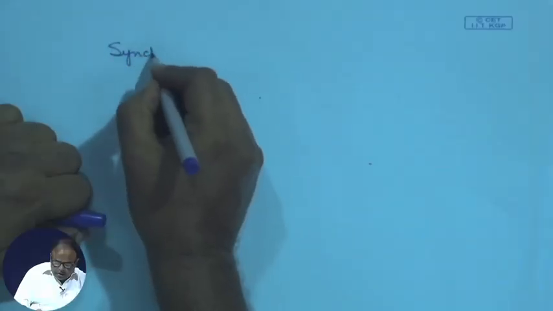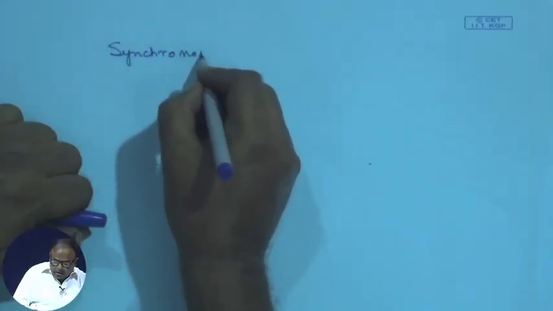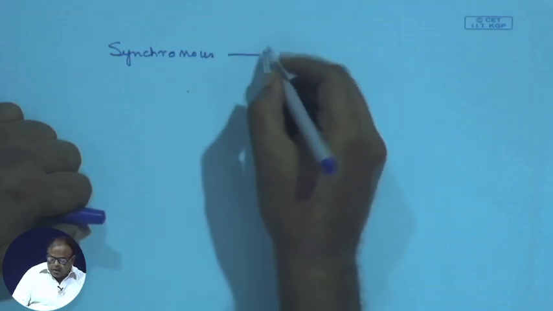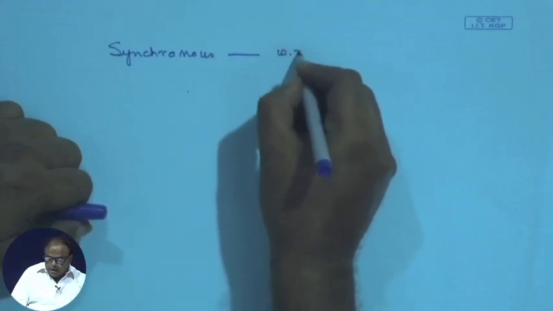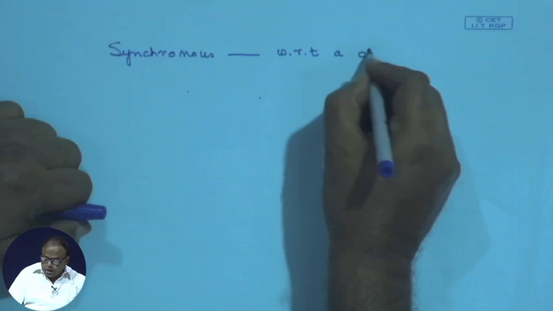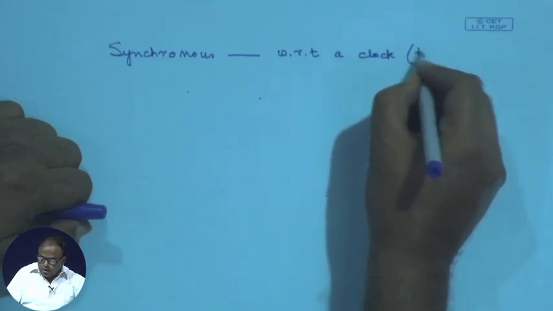Now, whenever we talk of a microcontroller, we need to talk about how microcontrollers communicate. One is serial communication that we know through USB, but there are asynchronous communications also. What is the difference between synchronous and asynchronous communication? Yes, synchronous communication means all the communications are with respect to a clock tick.